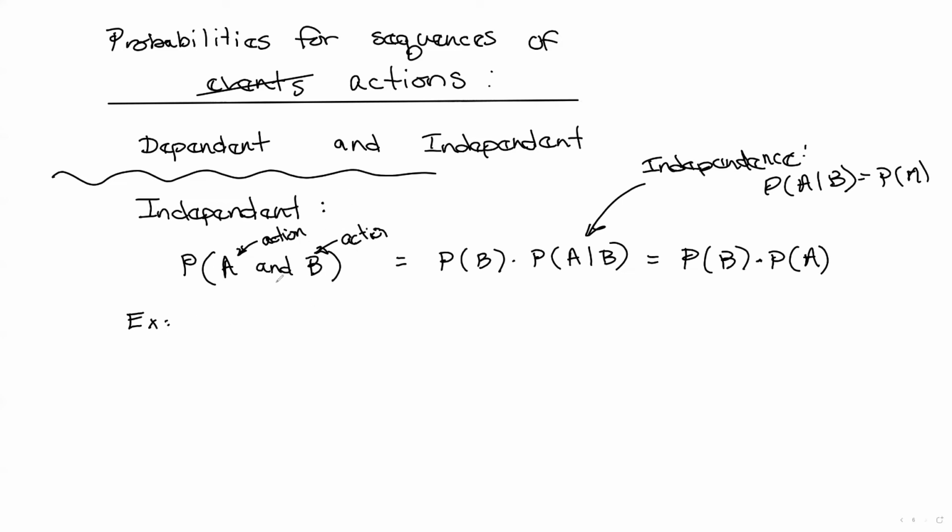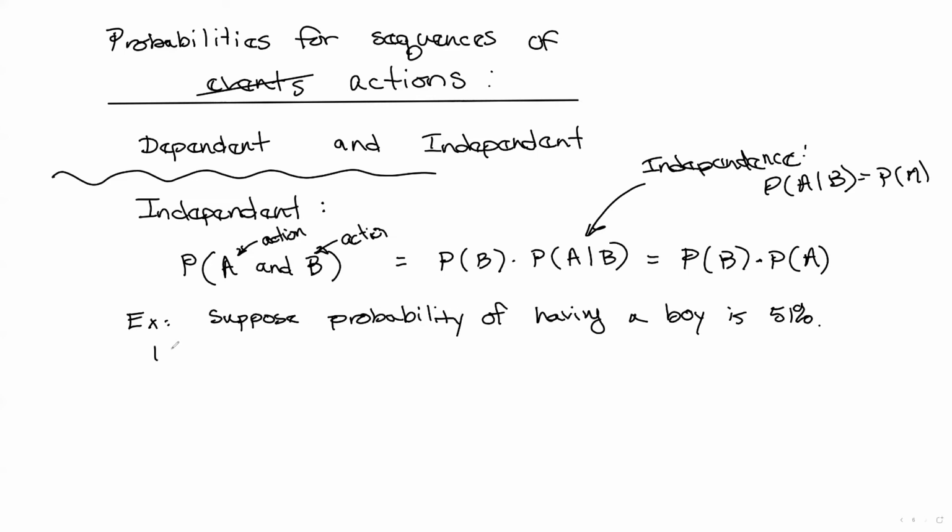All right, so suppose the probability of having a boy is 51%. Find the probability of having two boys. Two boys.